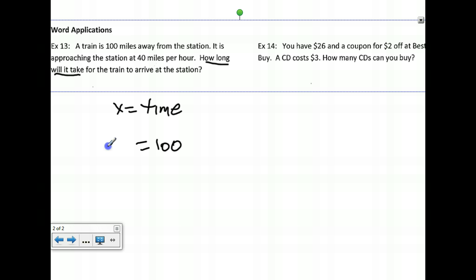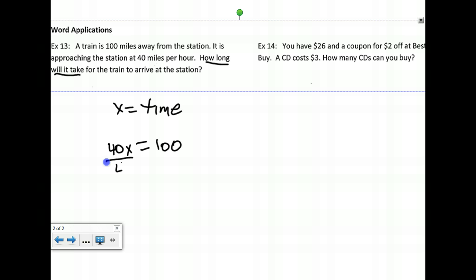So if it goes 40 miles per hour, where x is time, the rate times time gives us the distance. Okay? And this is an interesting problem that we'll talk a lot about, but that's what you need to know. The speed of the train times the time gives us the distance.